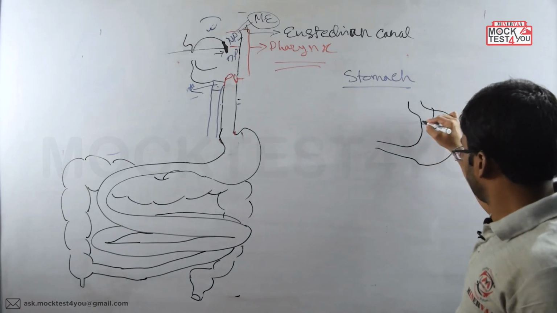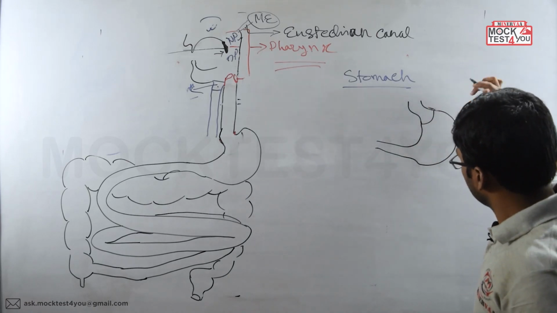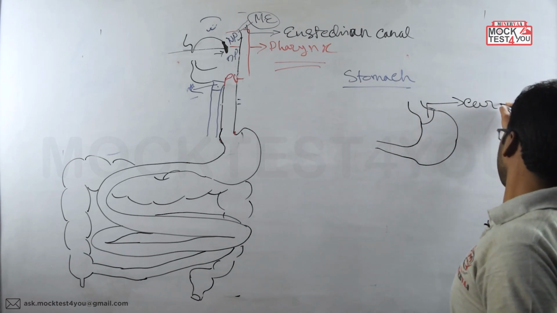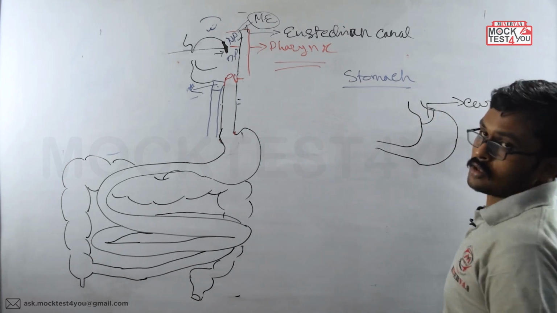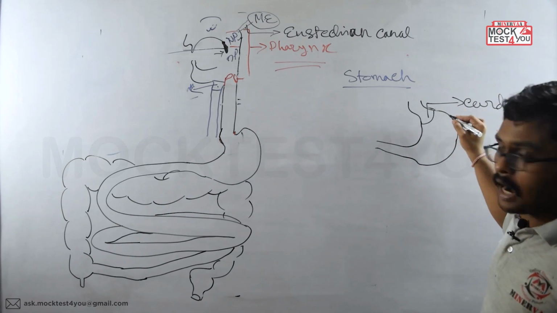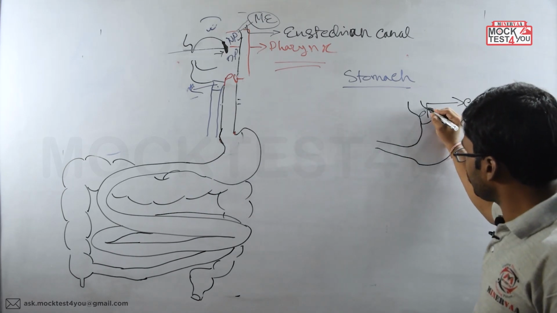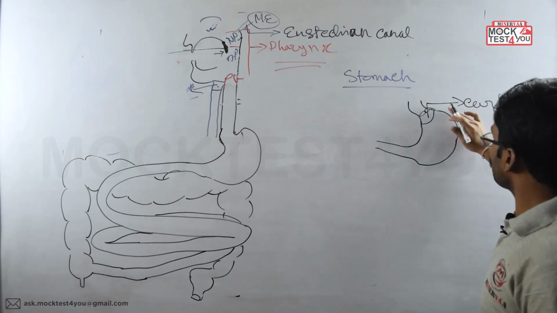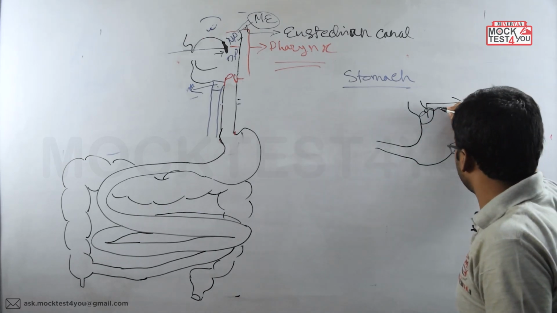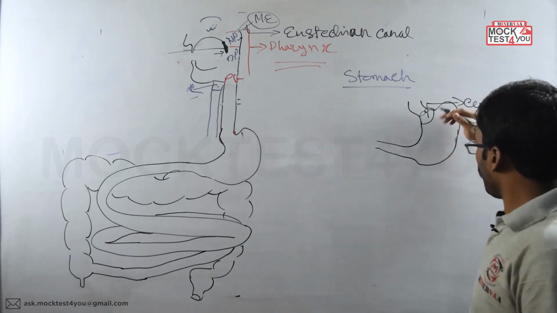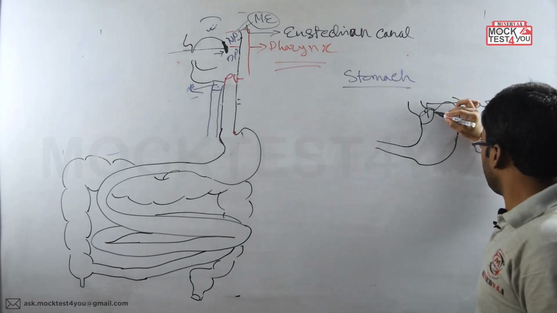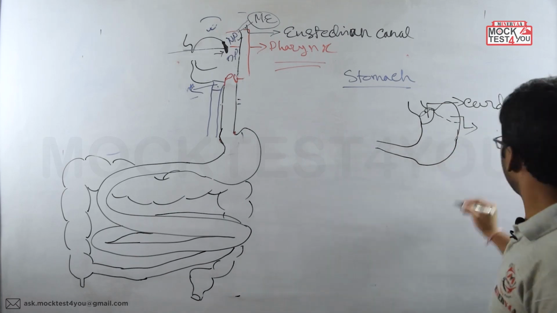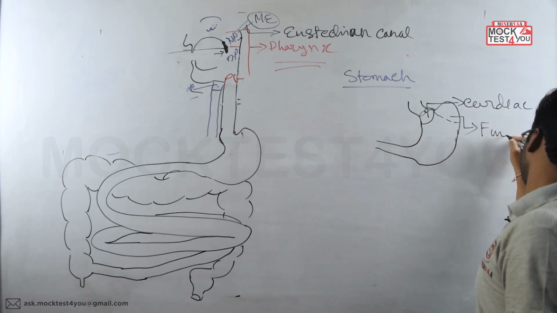This region is called the cardiac region. As it is the cardiac region, the sphincter which was present over here is also called the cardiac sphincter. Next, here we get a region which is swollen towards the upward direction, and this region is called the fundus region.